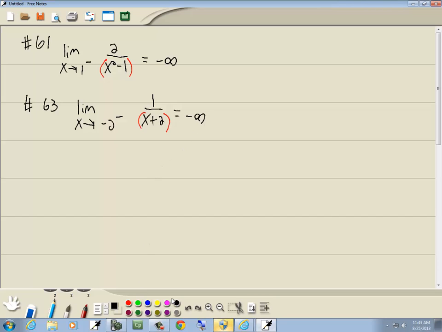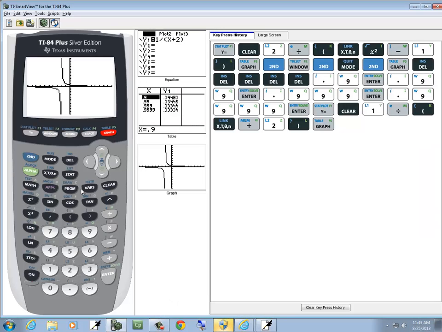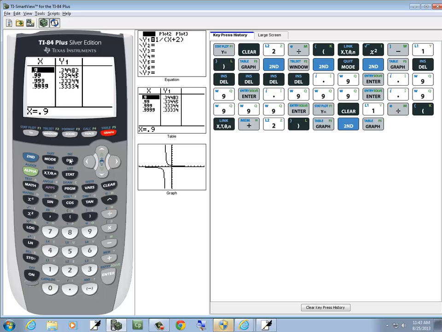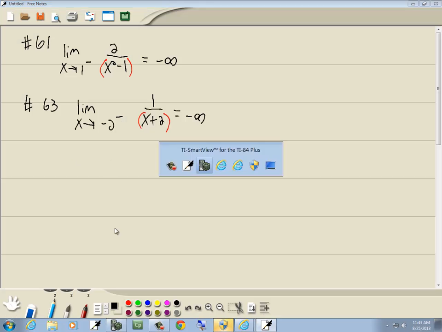Now to verify that with the table, I'm going to go to my table. So I do second graph. And I'll delete to clean out those old ones. And we're approaching negative 2 from the left-hand side.